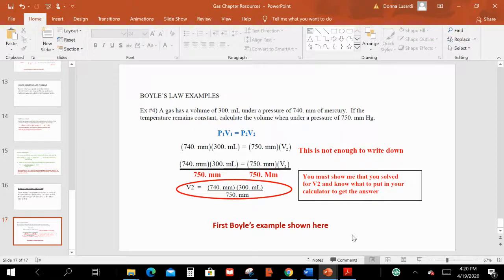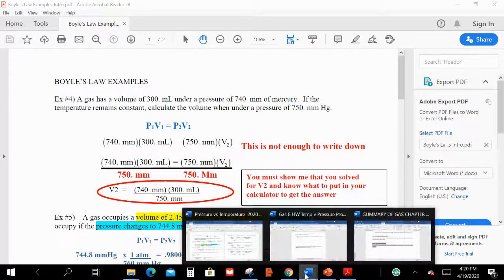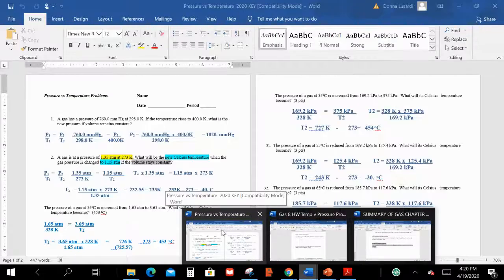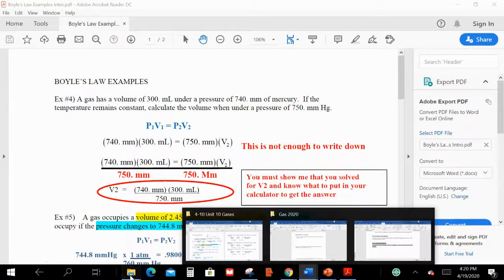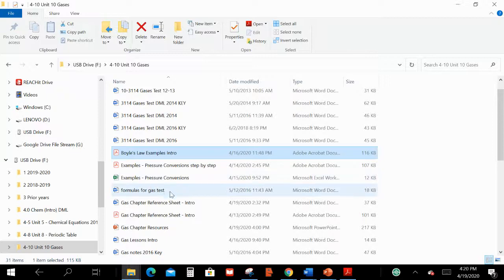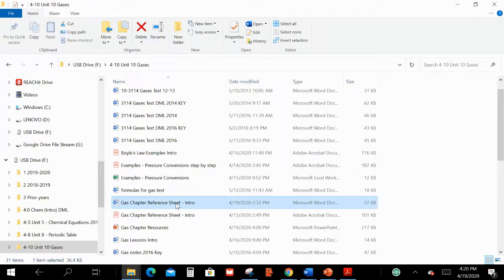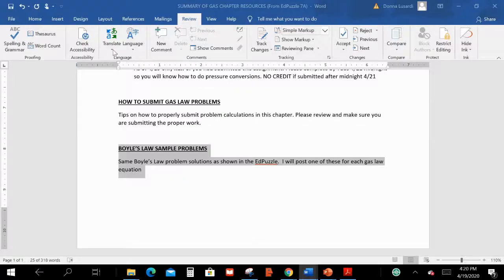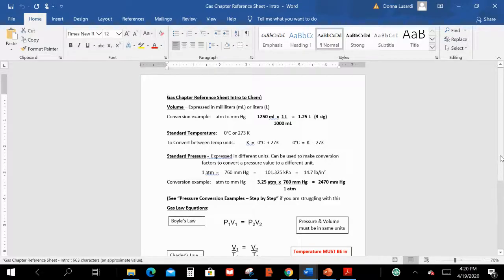Okay, I'm going to pull up one more resource that I actually forgot to put into this PowerPoint. It is the gas chapter reference sheet.